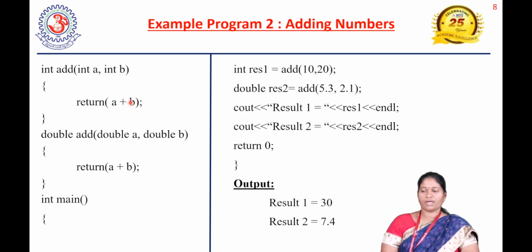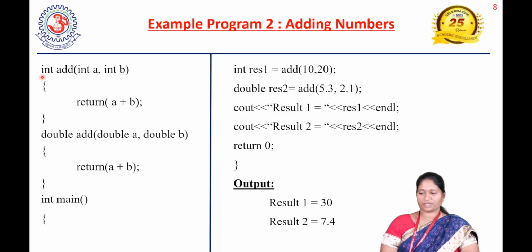Look at here. In the previous program I used a cout statement, and the return type was void. Here this function is going to return some value. If any function returns a value, we need to mention the return type, either double or integer based on your arguments.